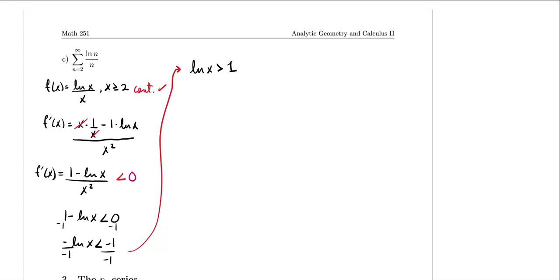Exponentiating to get x by itself, x is greater than e, which is about 2.7. So our function is only going to be decreasing whenever x is greater than about 2.7.